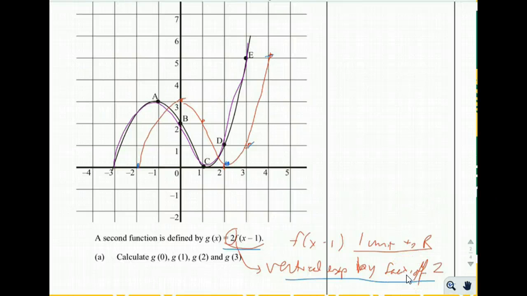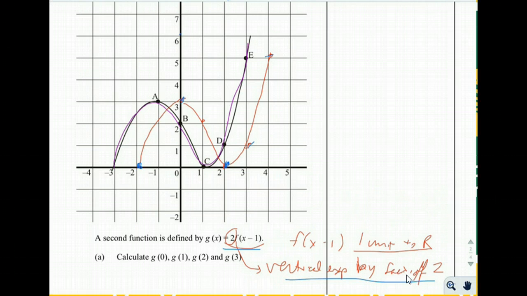If we're going to vertically expand the red function by a factor of 2, we're going to take each one of the points on the red function and move it away from the x-axis by a factor of 2. These 2 points that are on the x-axis, even when you multiply them by 2, 0 times 2 is 0, so they don't move anywhere. Now, what about this point here? It is 3 away from the x-axis.